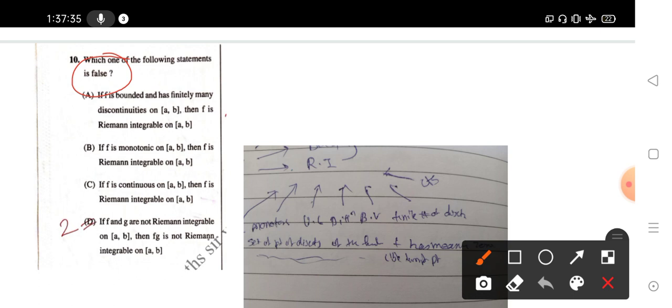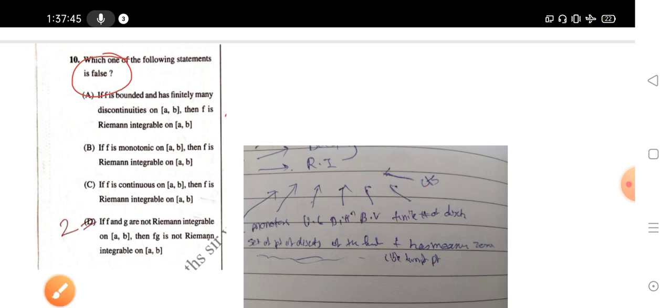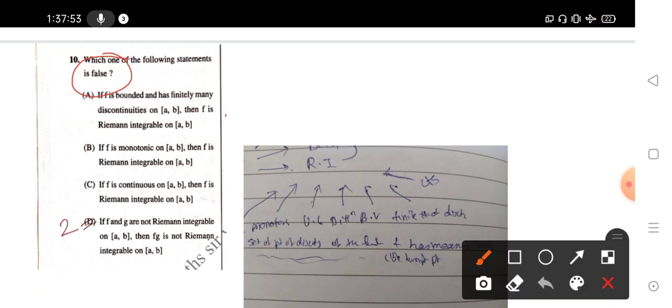Here check: finitely many discontinuities implies Riemann integrable. Continuous implies Riemann integrable. Uniformly continuous implies Riemann integrable. Bounded differentiable implies Riemann integrable. Bounded variation implies Riemann integrable. And monotone implies Riemann integrable.